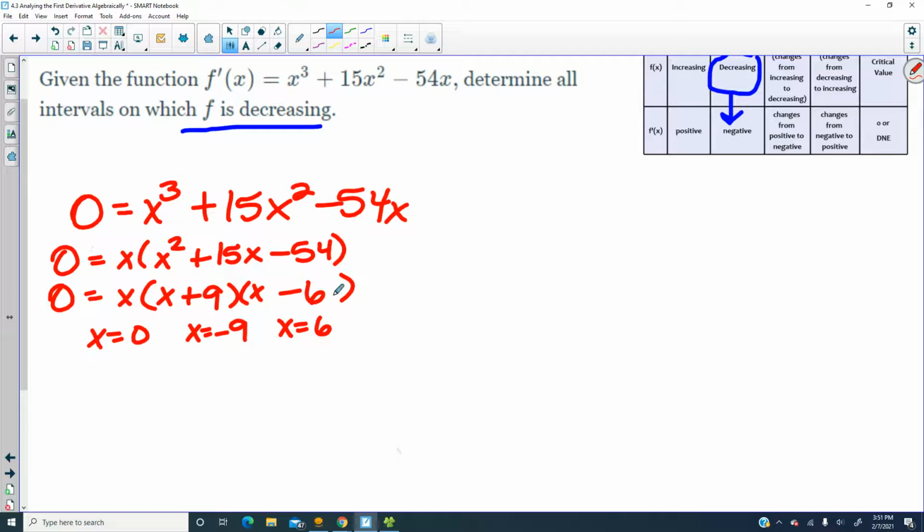So I already factored it. I got my critical numbers to be 0, negative 9, and 6. So now I'm going to make a number line, create my intervals, negative 9, 0, and 6.